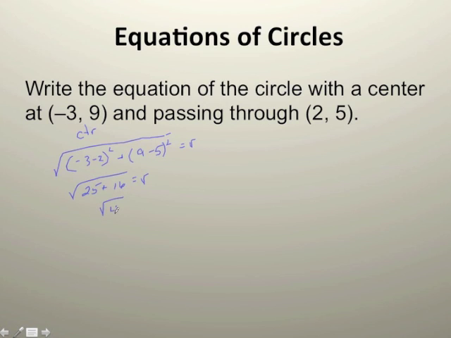So the square root of 41 equals the radius. And my equation becomes x minus a negative 3, which is plus 3, the quantity squared, plus y minus 9, the quantity squared, equals the radius squared. If the radius is the square root of 41, then the radius squared is 41.